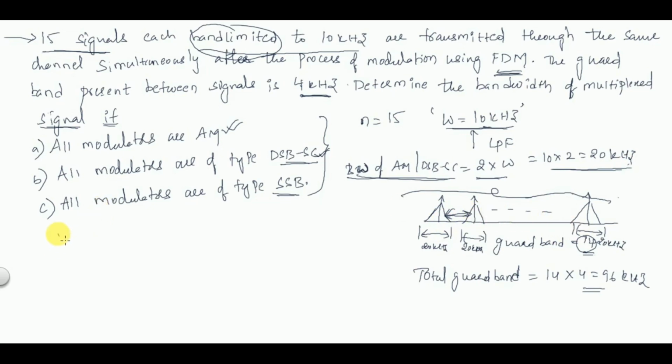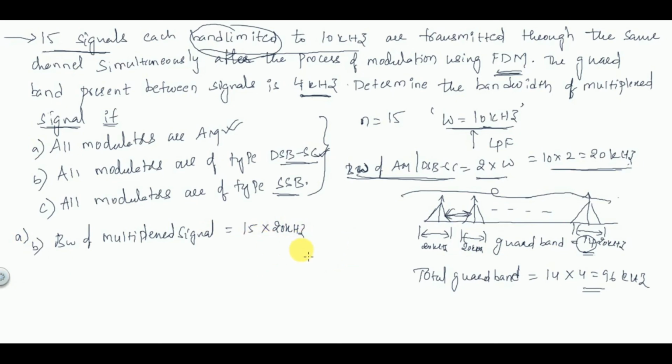So the bandwidth of the multiplexed signal is equal to: totally 15 signals are there, each having 20 kilohertz of bandwidth. I am writing this for A and B, as both solutions are the same.